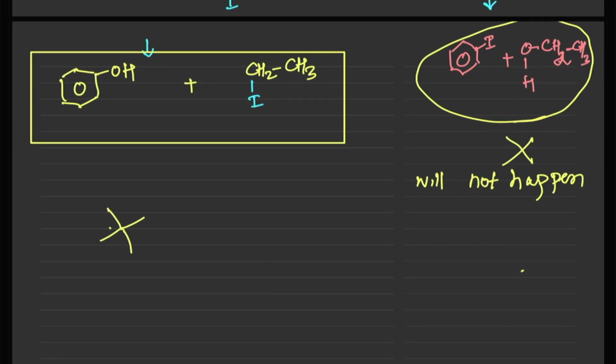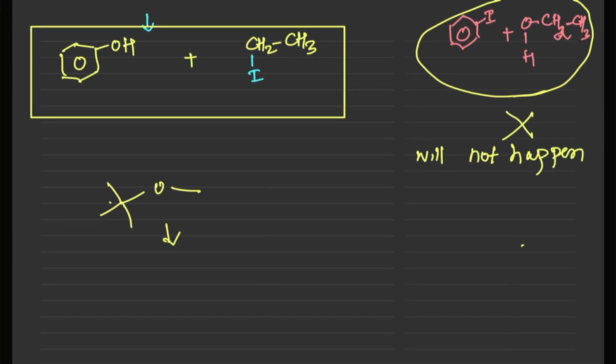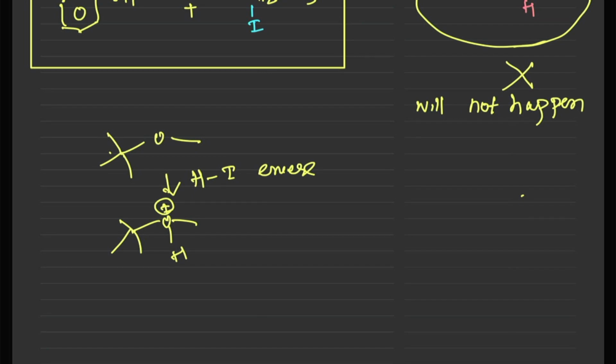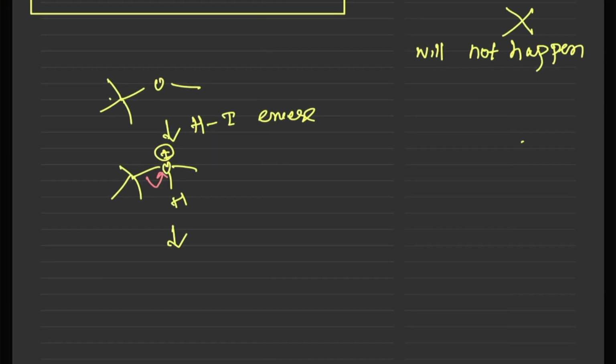So if you have something like this with excess HI, you now get OH plus, and because the leaving group here gives a tertiary carbocation, you get the tertiary carbocation on one side, and on the other side you will get I.